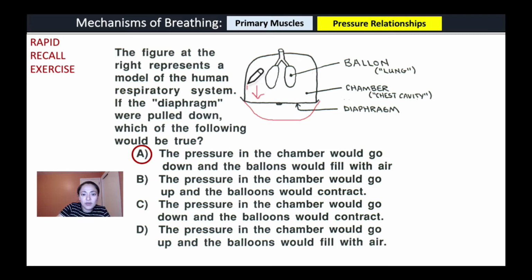I've decreased the pressure. And since the pressure is lower here, gases always move from an area of higher pressure to lower pressure. So since I've decreased the pressure inside the chest cavity, air enters and it would go into the lungs or the balloons.